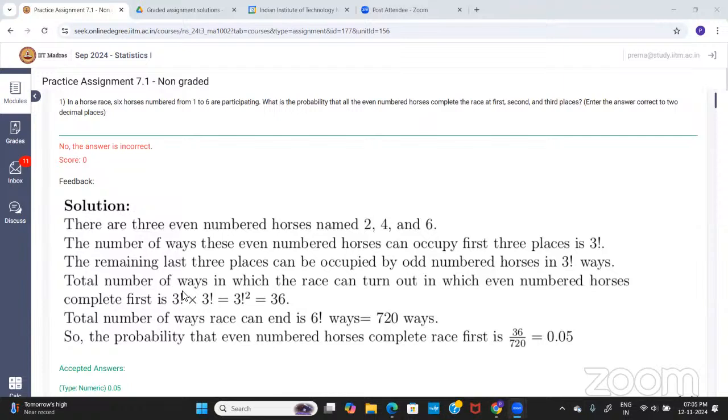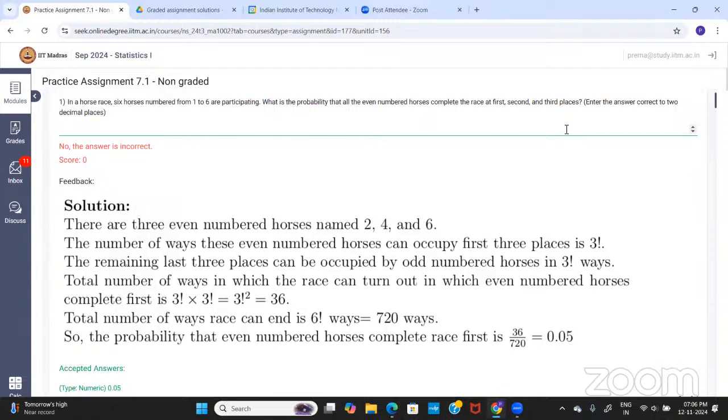Actually, that will also matter, because we have to take all the possible cases. Okay, ma'am, because we are taking different horses. So for the first three, and then for the last three also. But ma'am, they are asking for the probability that even-numbered horses complete the race at first, second, and third.